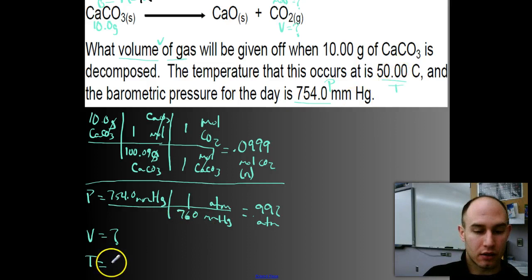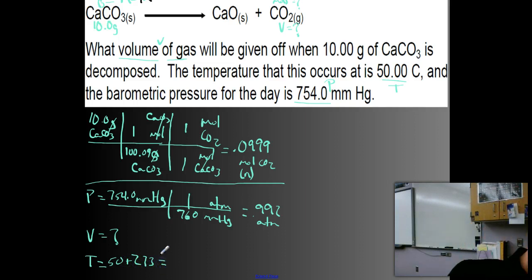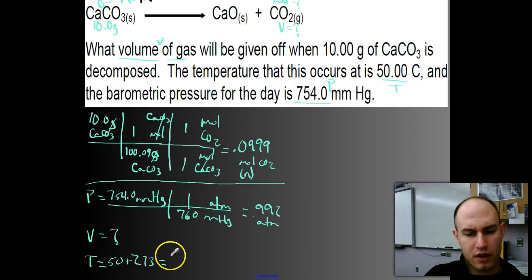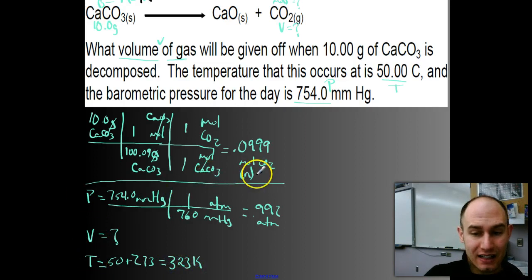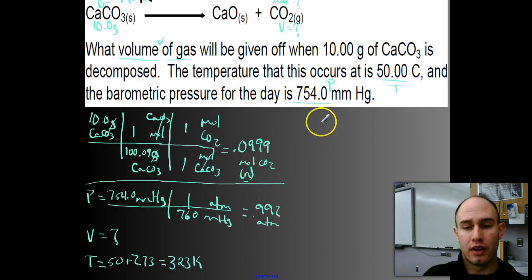It's 50 degrees Celsius, so I need to add 273 to that. So real quick here, I get 323 Kelvin. So there's PV. N is right here, so there's my N, and R is a constant, 0.0821. So let's go ahead and substitute these in for my problem.